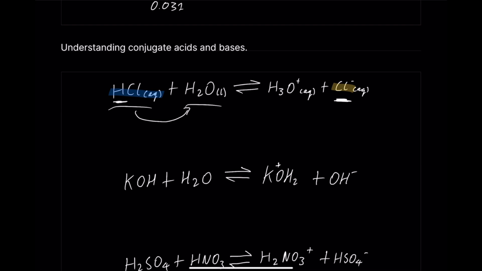It's donating a proton to this water molecule here. And so that's where we now form this conjugate pair. So losing this proton to the water, in total, that's one conjugate pair.